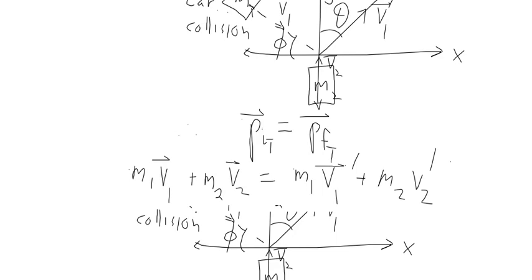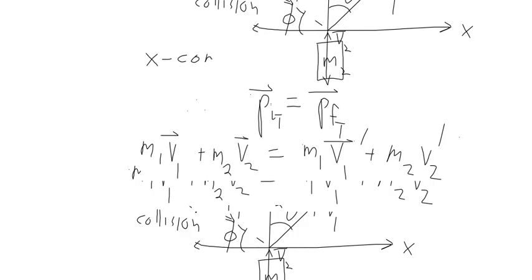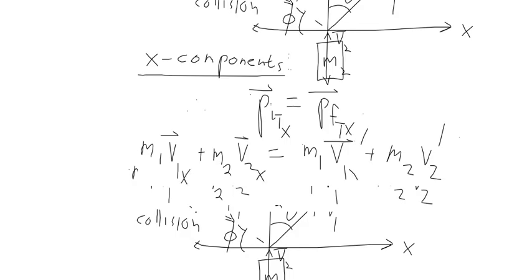It's good to be organized and label the x components for your conservation of momentum equation. And you should also put subscripts of x everywhere, so that way you're not getting confused. Okay, I'm putting x's everywhere.